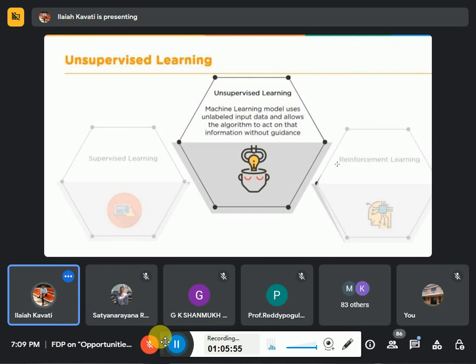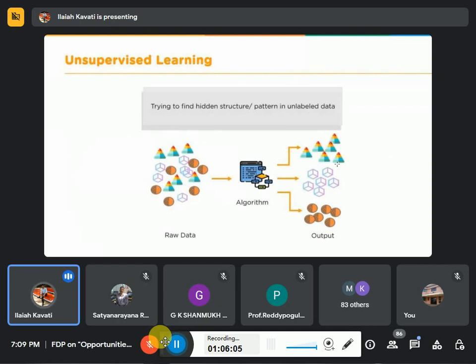Based on the data itself, the machine has to observe the data and predict which class he belongs to. It tries to find hidden structure or pattern in unlabeled data. Suppose you can see here a set of objects. The algorithm or model has to segregate them into different classes by observing their features.